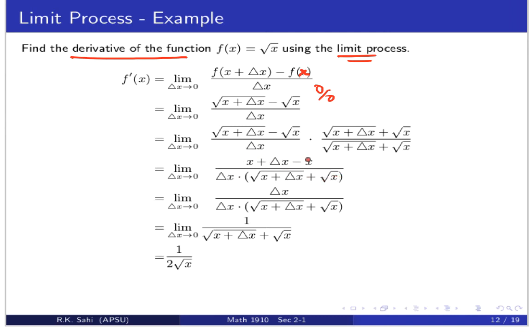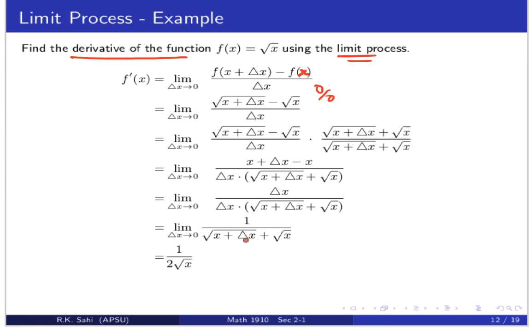Clearly the x and minus x cancel out, and then in the next step, the delta x is common, so we take that out. So now the second last step, you see the limit as delta x approaches 0 of 1 over square root of x plus delta x plus square root of x. Now clearly this limit exists, there's going to be no issues, and we just substitute.